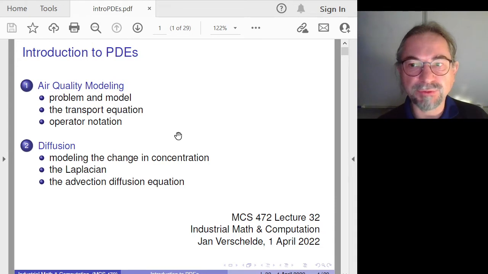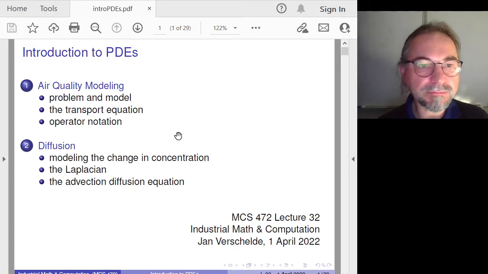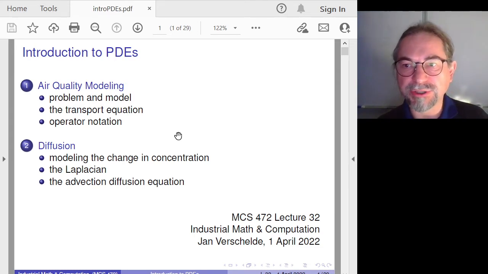So we will have three partial differential equations: the advection equation or the transport equation. Then we have the diffusion equation or the heat equation. And we will end with the advection diffusion equation.